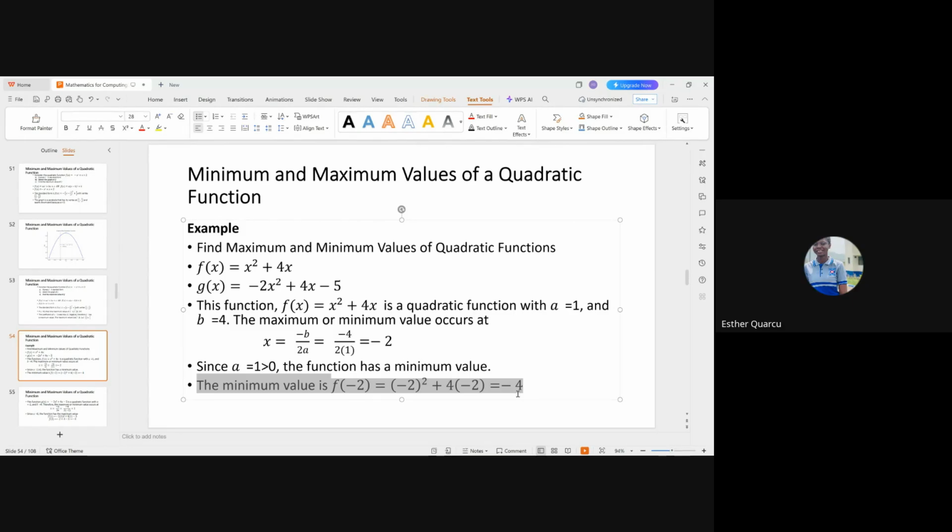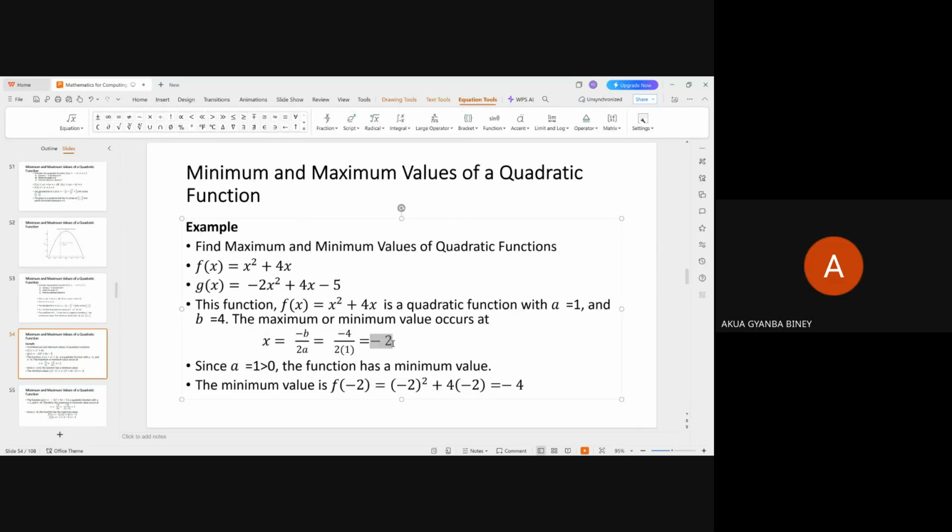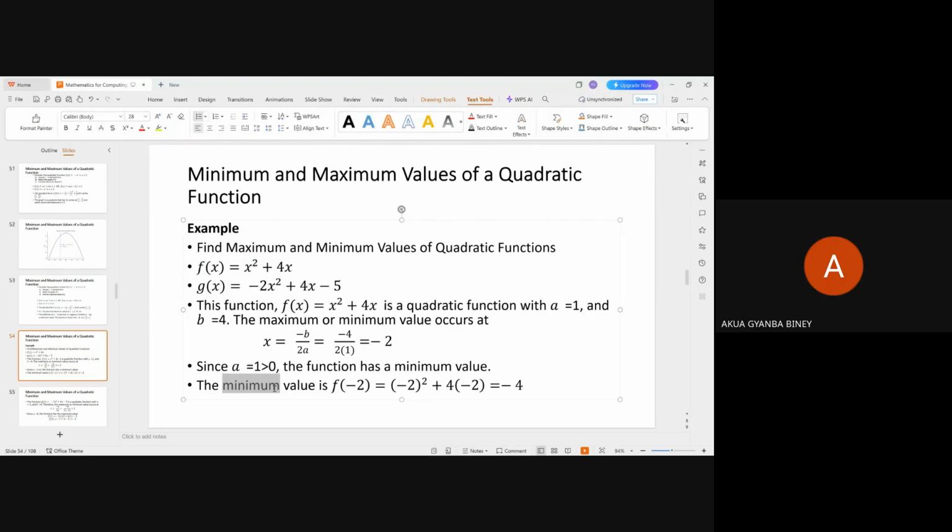Oh no, the a. When you check the a value here, the a value here is greater than 0. It is 1. So since a is equal to 1 and it's greater than 0, it's a minimum value.